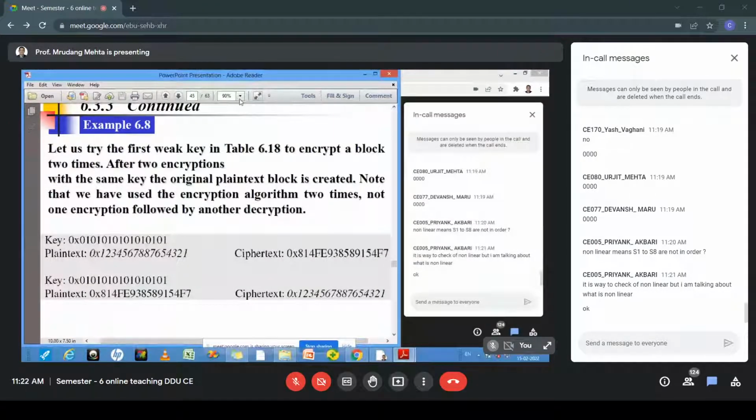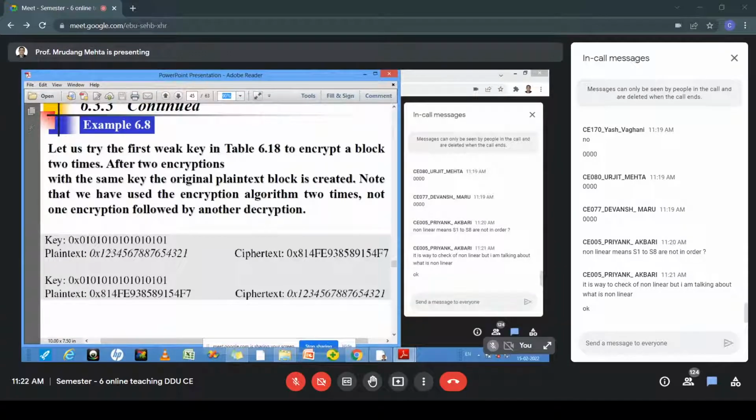So this is the example for discussion. If we encrypt a block two times with the same key, the original plain text block is created.